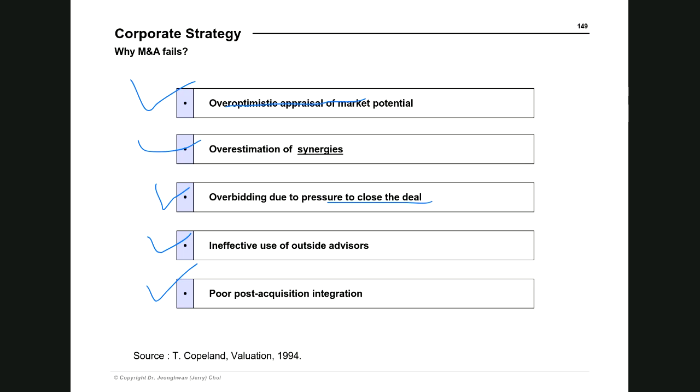Haier bought GE Home Appliances. A Chinese company bought an American company. What is happening? GE Home Appliances do not follow the Haier way. They make a lot of trouble. Post-merging, they do not follow.